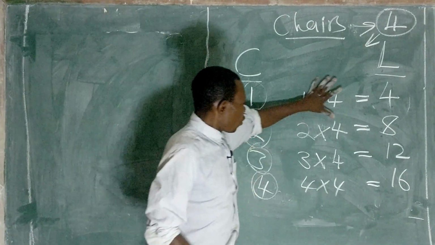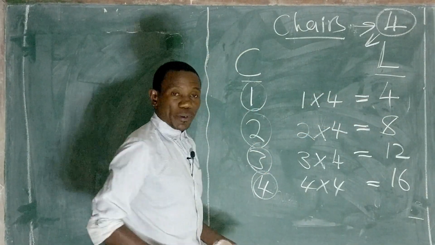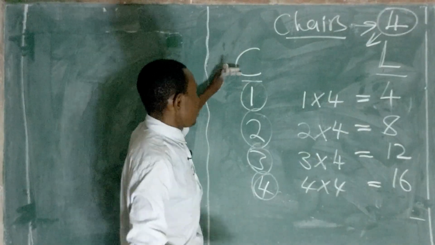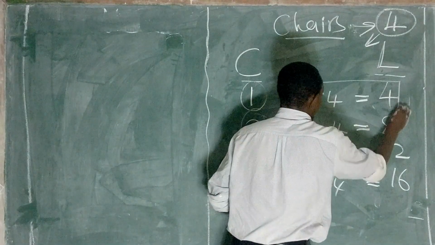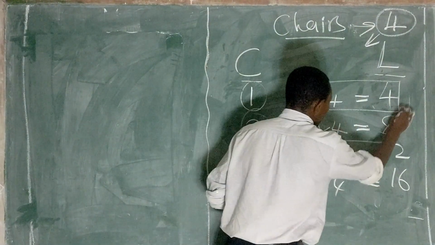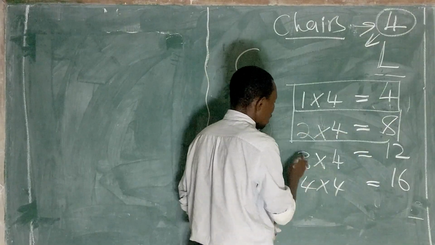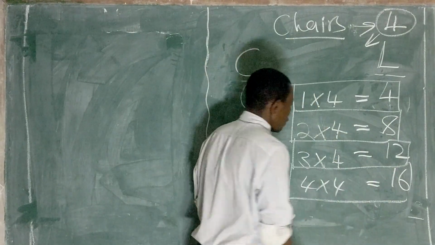So now, in this situation, you'll be in the position to depict that what is happening is that we have a particular equation that is determining C and L, right? And this equation is found in this location. 4 times 1 gives us 4, 2 times 4 gives us 8, 3 times 4 gives us what? 12, and also 4 times 4 gives us what?